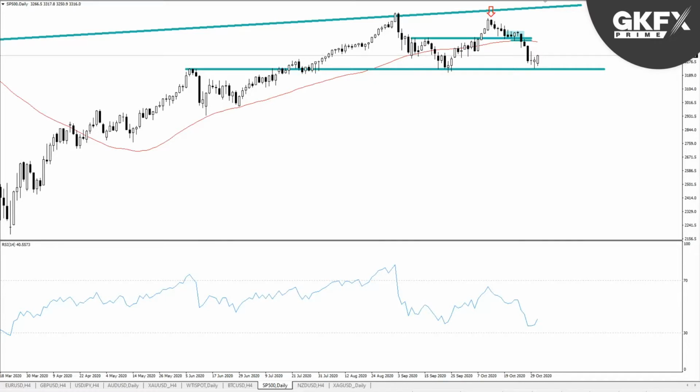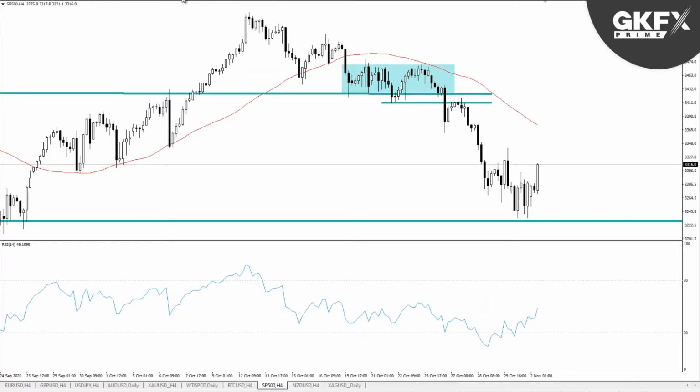So we're rebounding off the support here, but again, all of this, you can see S&P 500, currencies, gold, a lot of this is risky assets coming down and testing their lows of the past few months.